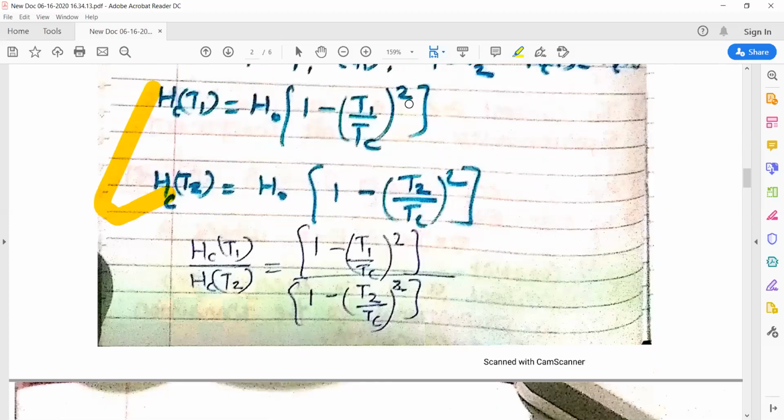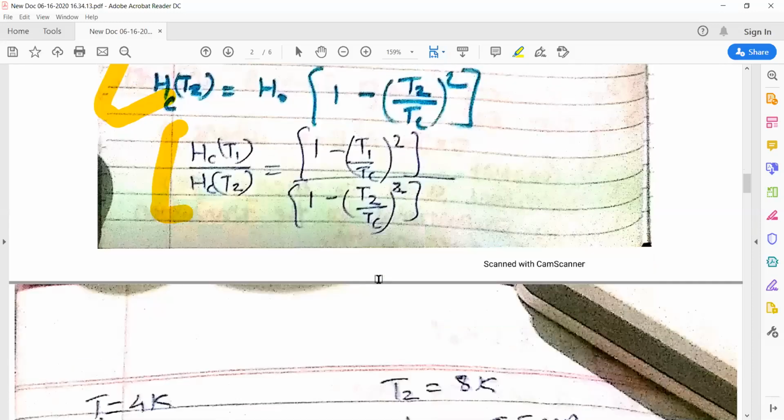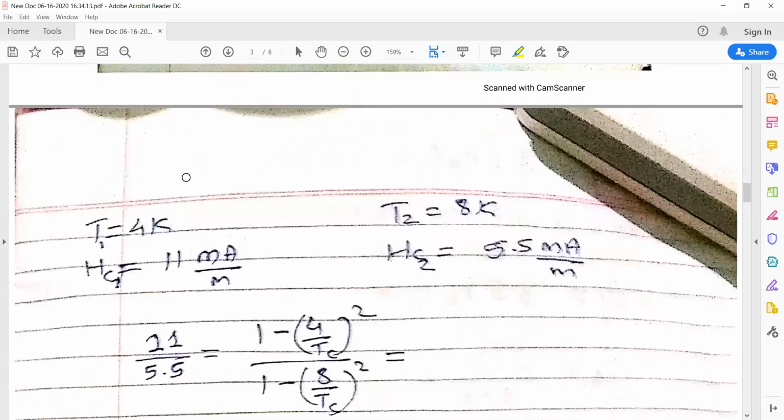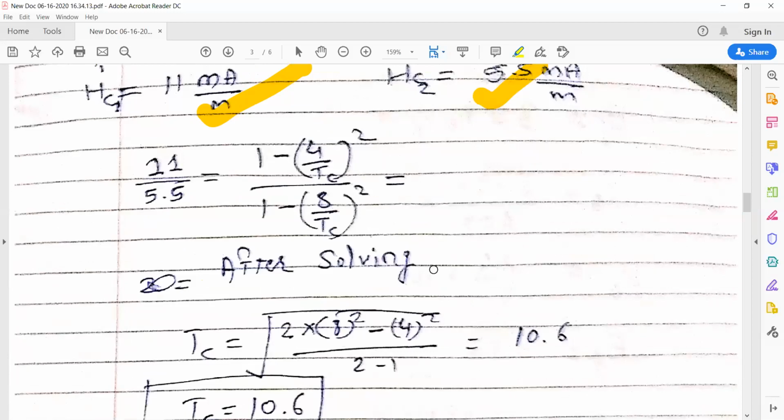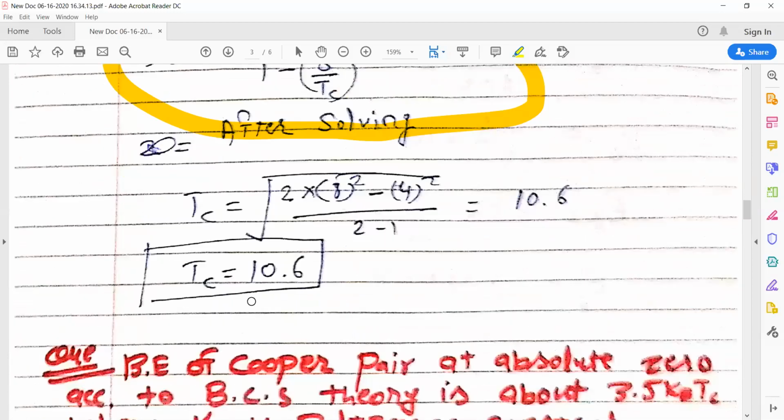Okay, we can put the value here as T1 here, T1 is this and T2 is this, and we can take a ratio. Okay, then what happened? We have these values. Okay, then we will put this value here. After solving this particular expression, we will find our answer.